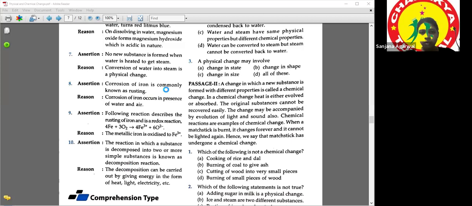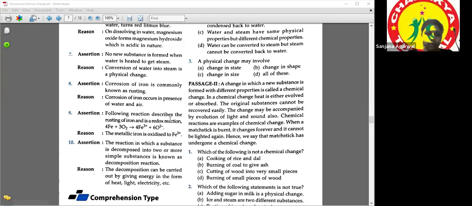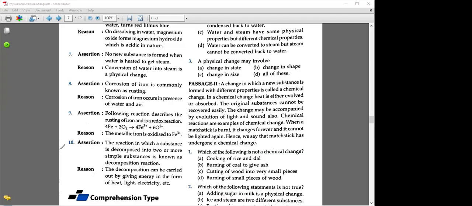Okay, Rohini. Ma'am, I forgot which question. Question 10. This one. Ma'am, I actually clicked by mistake. I think the reason is false.